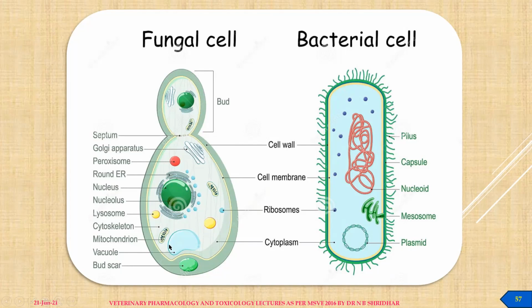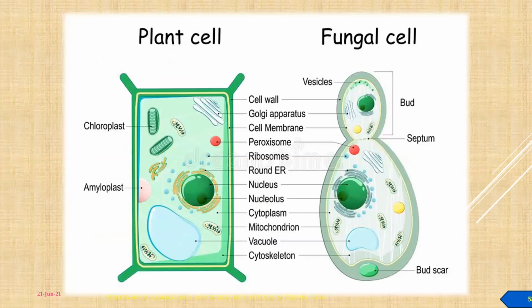The vacuole is also there, and the bud scar is here. So this is very similar to mammalian cells. That's why the drugs used against the fungal cell often have toxicity to the host cells also.